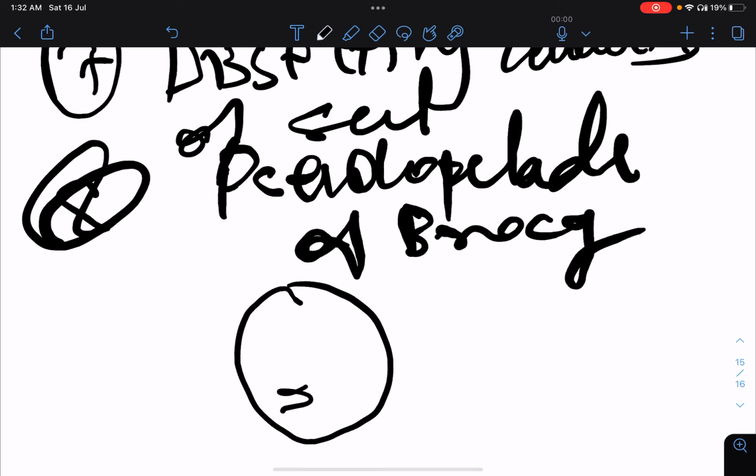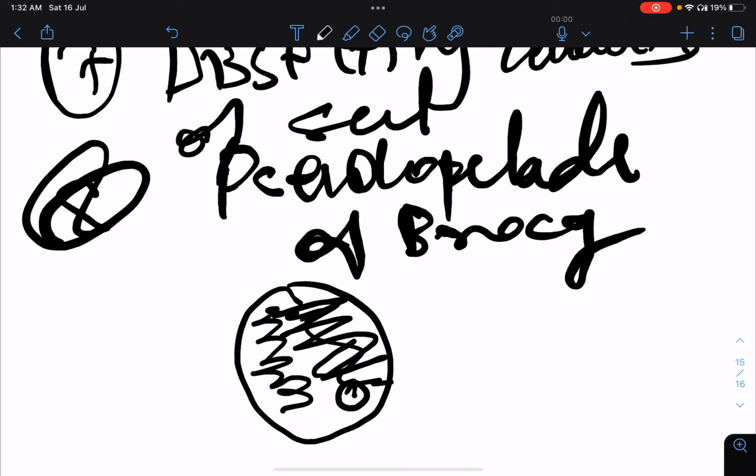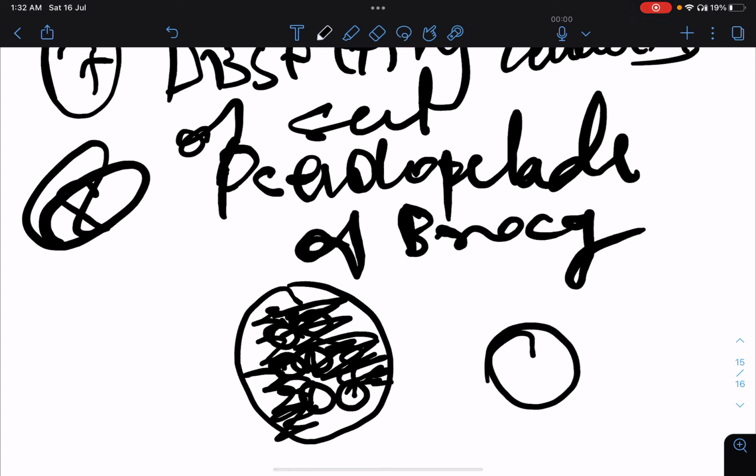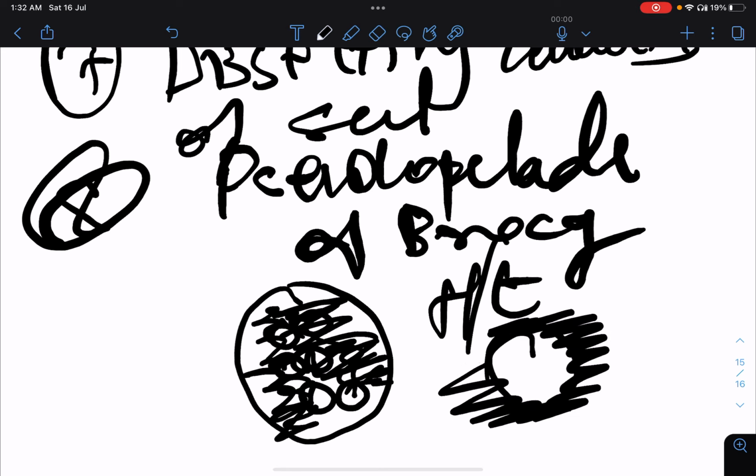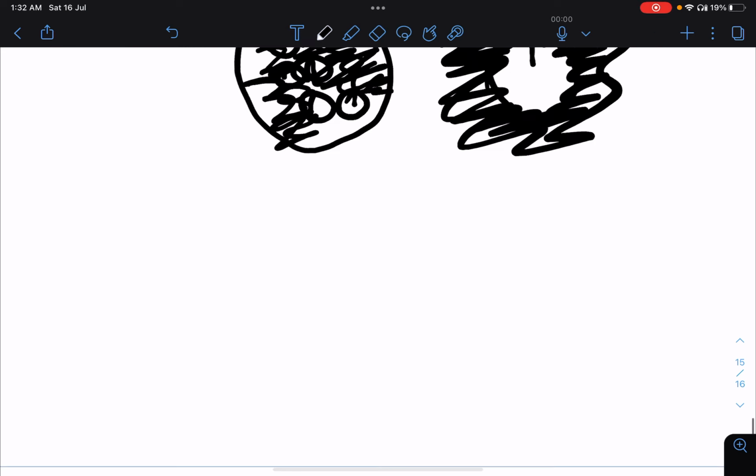So let's say this is your scalp, and you would have just areas of lost hair, and it appears as if you took your foot and stamped on it. And when I want to do histology, obviously, let's say this is your follicle, there's a lot of fibrosis around it, so perifollicular fibrosis is also seen.